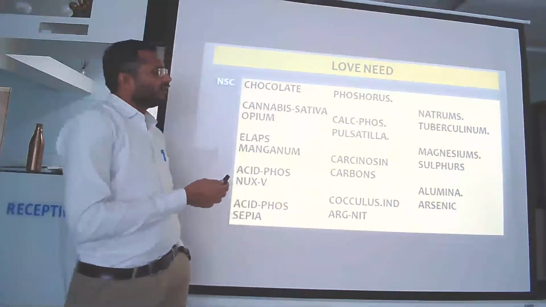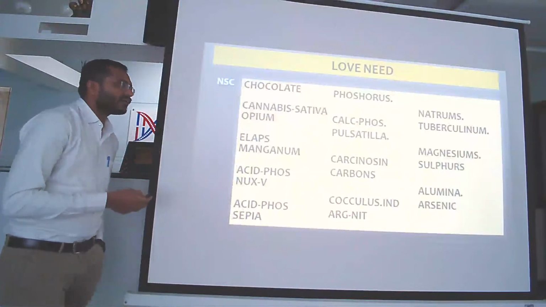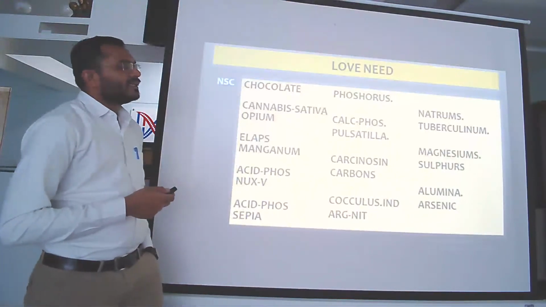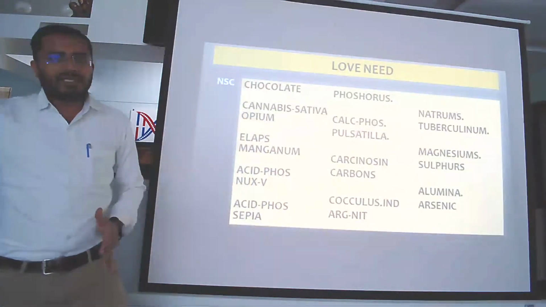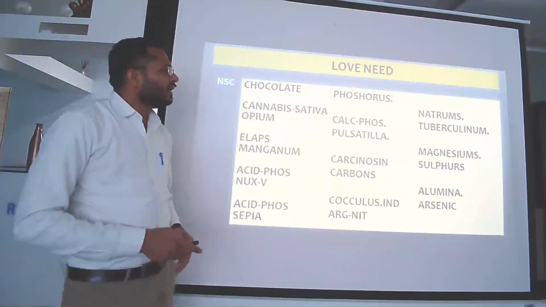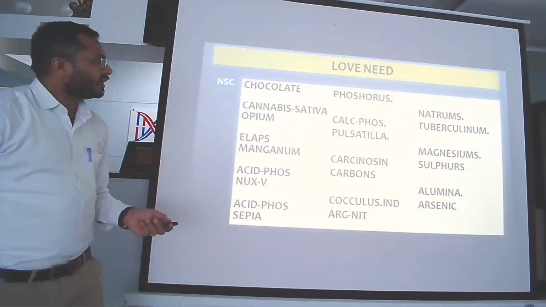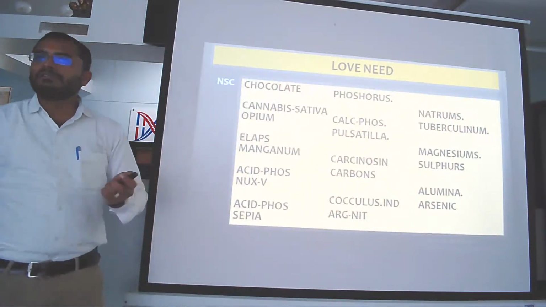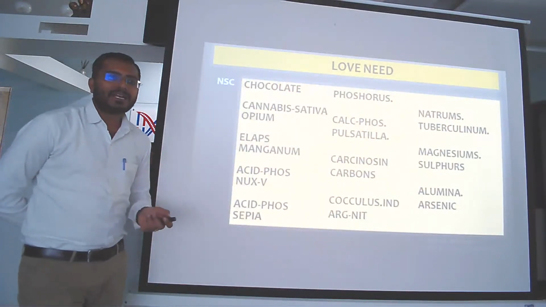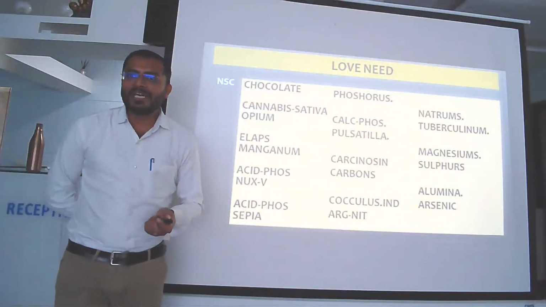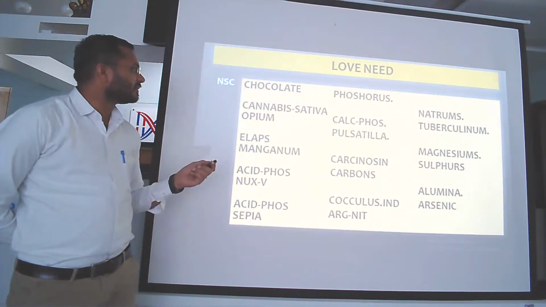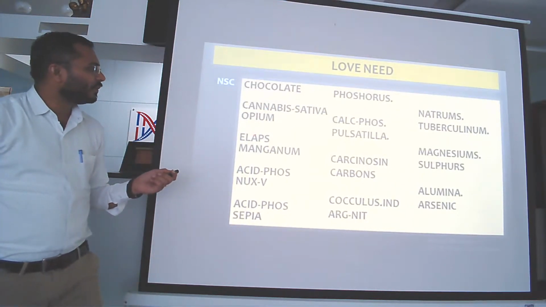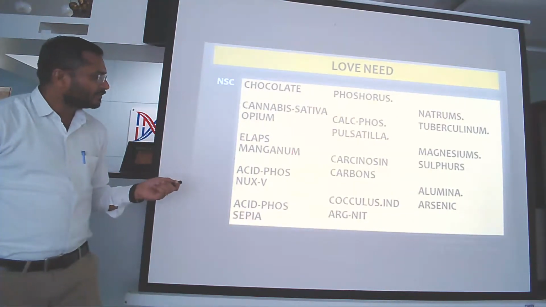You can snap it. It's very important. This chart was given by Sir. So chocolate: we will go into this particular remedy in more detail in the next sessions. Chocolate is very political. There is a bitter love, sweet and bitterness the same in chocolate. Then Cannabis sativa, very lovey-dovey, Opium, Manganum.